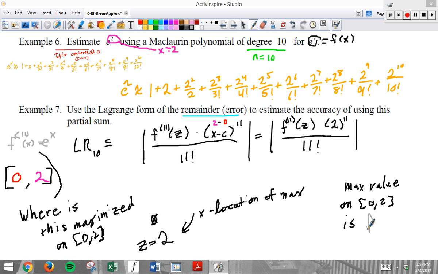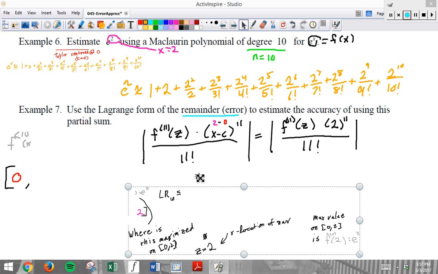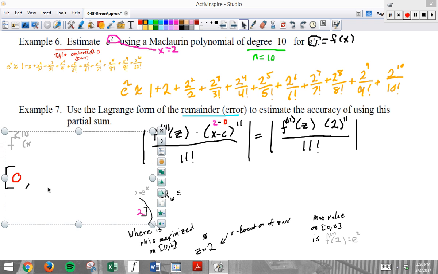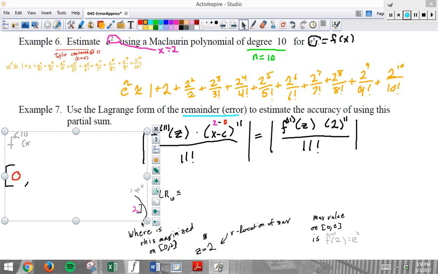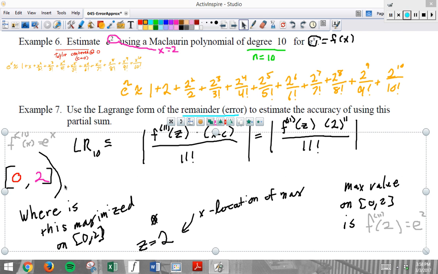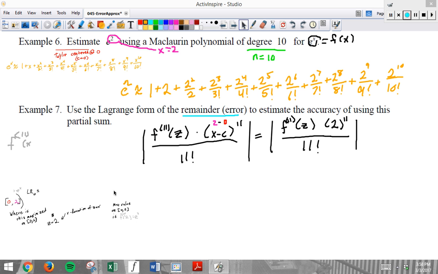It's the 11th derivative of f evaluated at 2, which is e squared. That's ugly. So again, that was the max value. That's what's going to go in there.